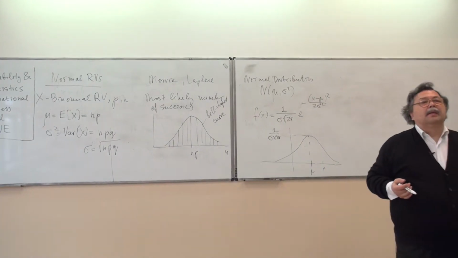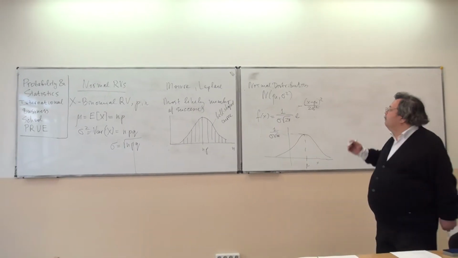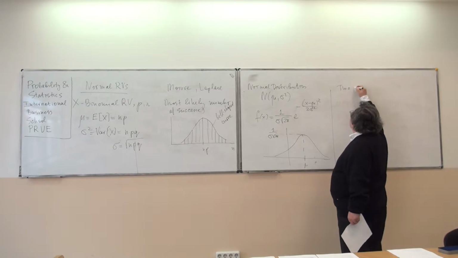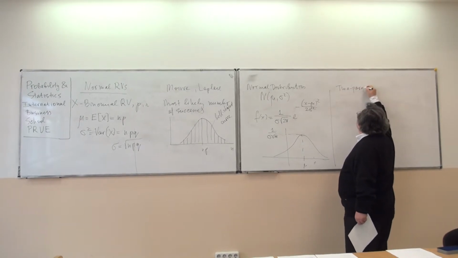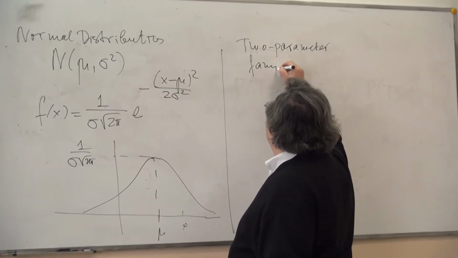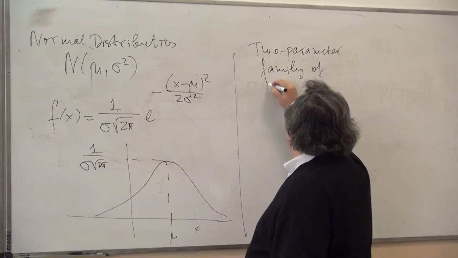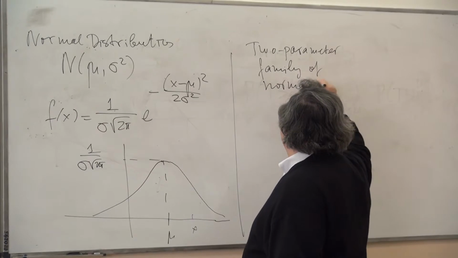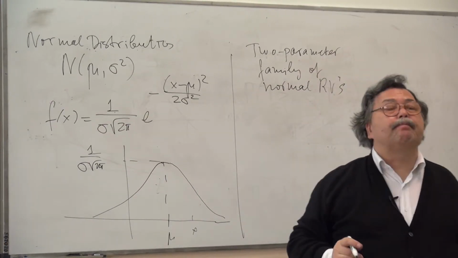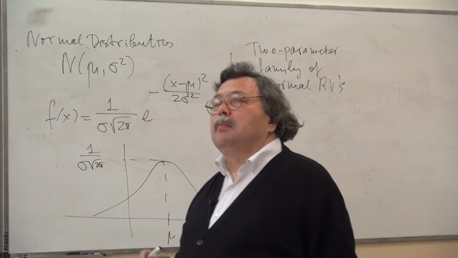And this is a two-parameter family of normal random variables. Okay? This is observation number 1.